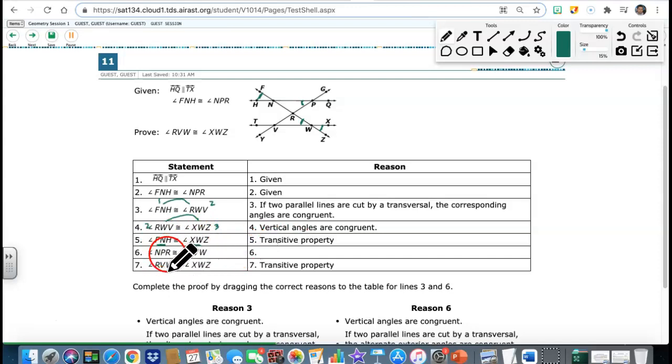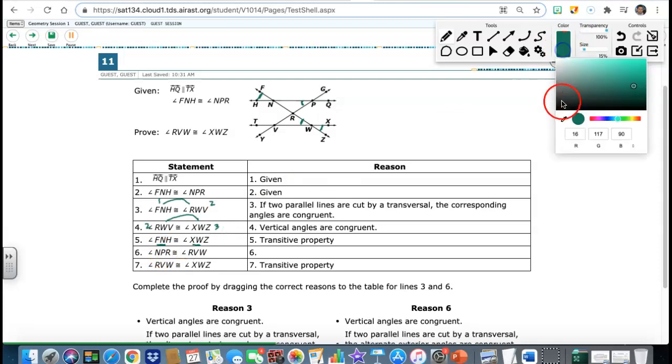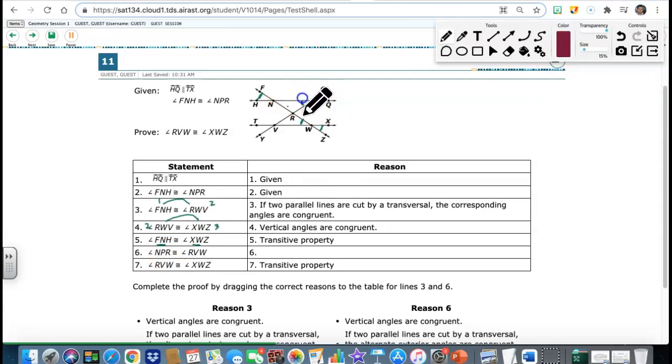Next, NPR, this angle, is congruent to RVW. What's the name of those two?